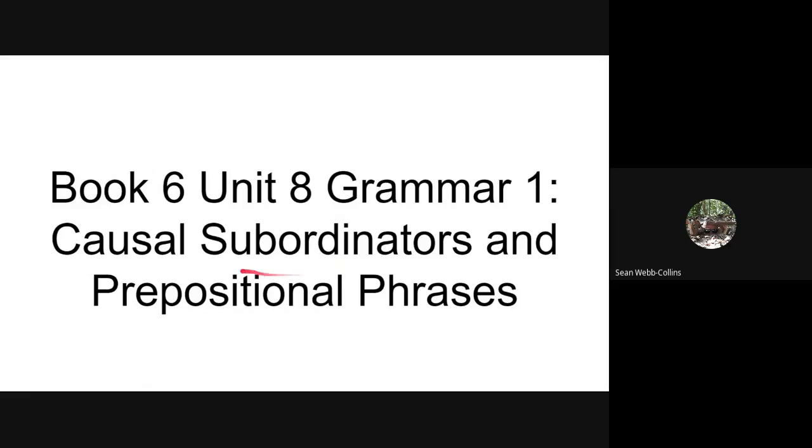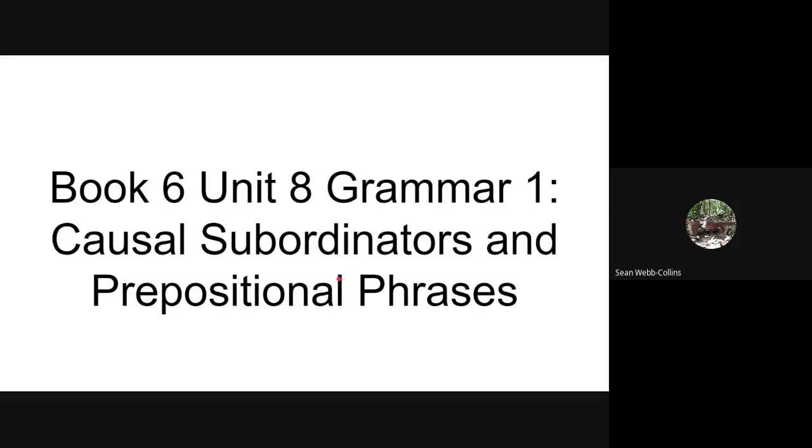And one other note, we use causal subordinators for at least 4 different reasons. We can use them to contrast. For example, although, even though, whereas, and while are all subordinators which are used to contrast 2 different ideas. They can also be used as part of a cause or effect sentence, for example, since and because.